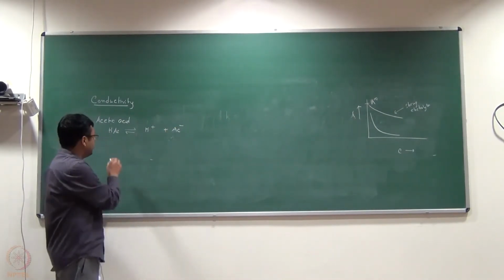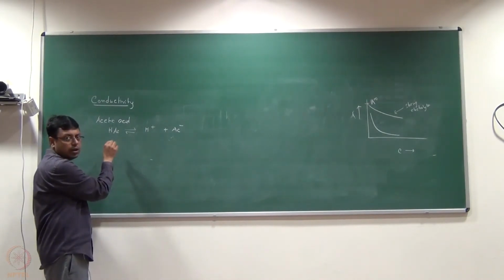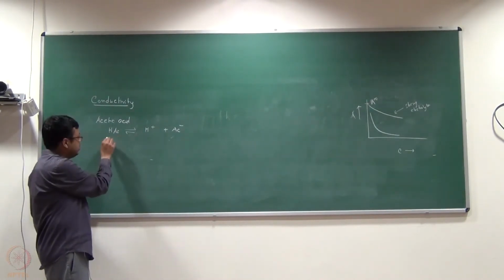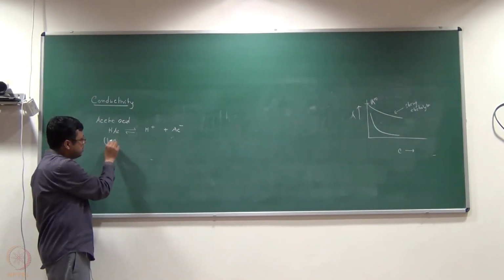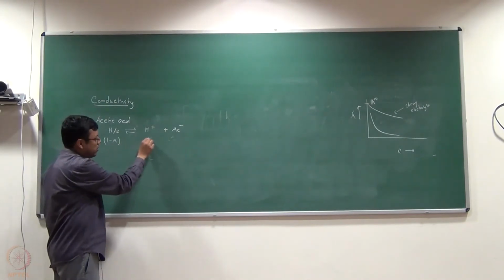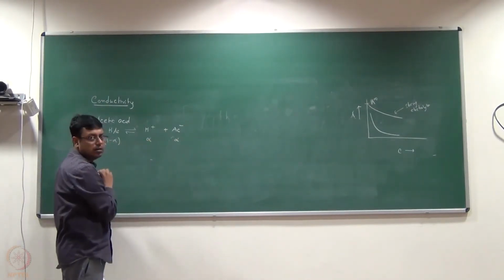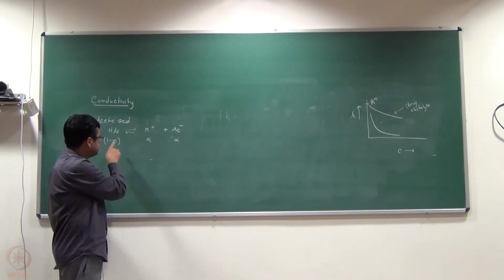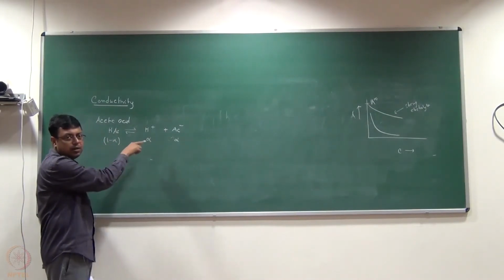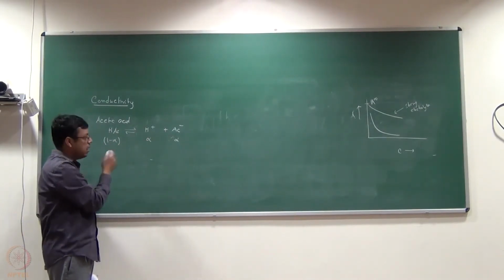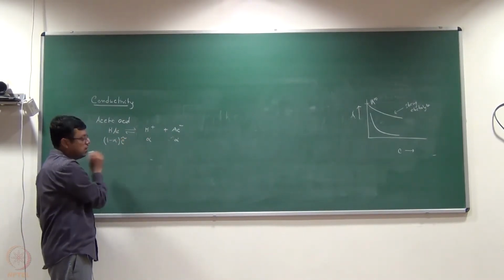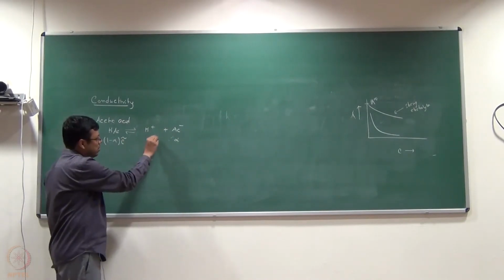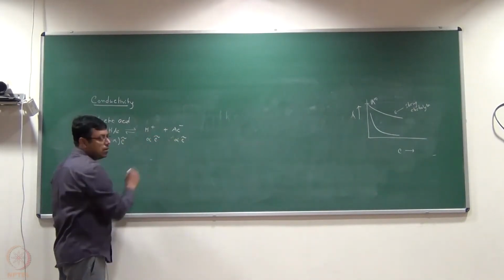If I have 1 mole here, when it is dissociated, I will be left with 1 minus alpha. I have alpha here, I will have alpha here. Because if alpha mole gets dissociated, I will have alpha here. And if I had C tilde concentration, I will have alpha C tilde, alpha C tilde.